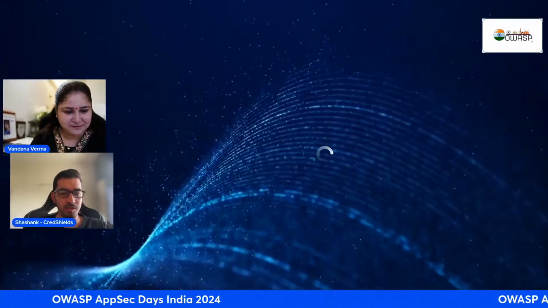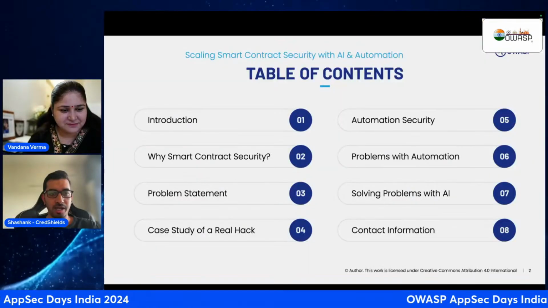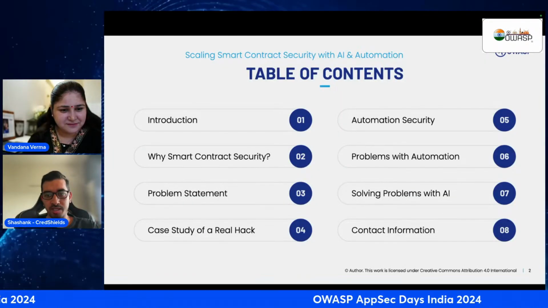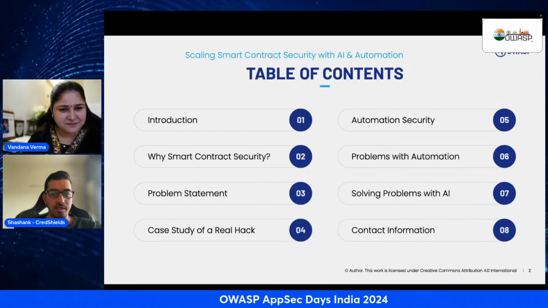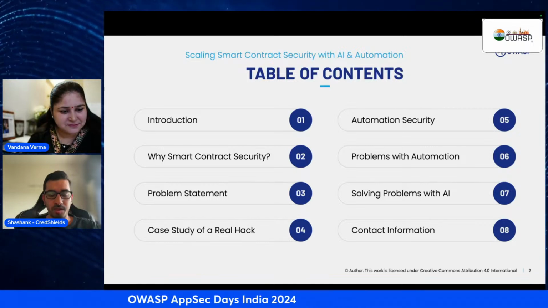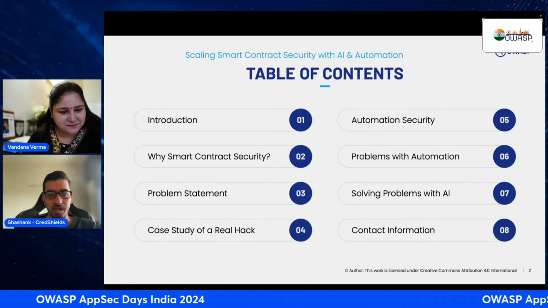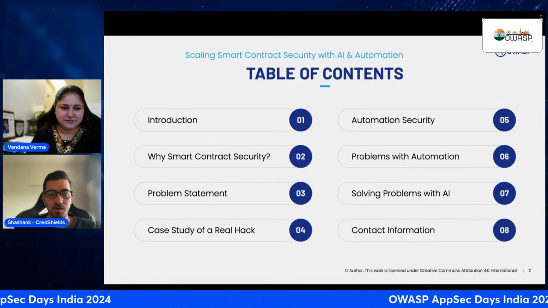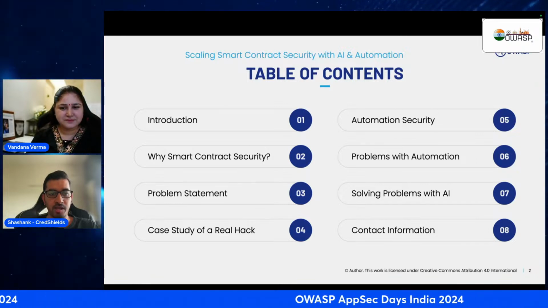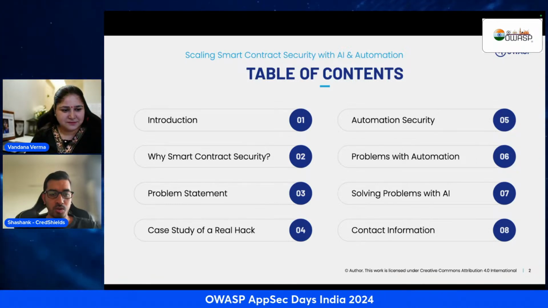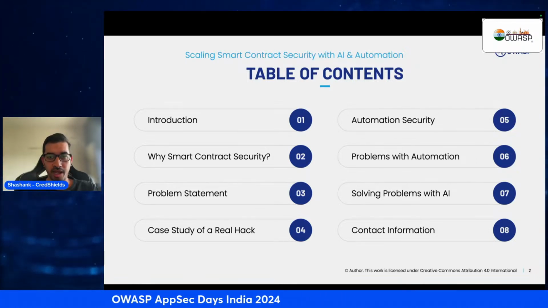I'll just give you a brief on what things we'll cover. The first thing would be my introduction. Then we'll talk about why smart contract security is important. Then we'll talk about the problem statement, which is scaling smart contract security. Then we will do a case study of a real hack.